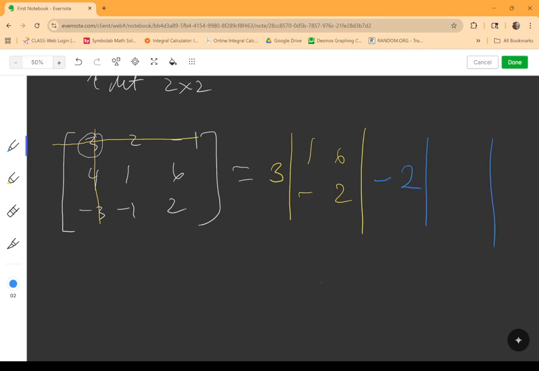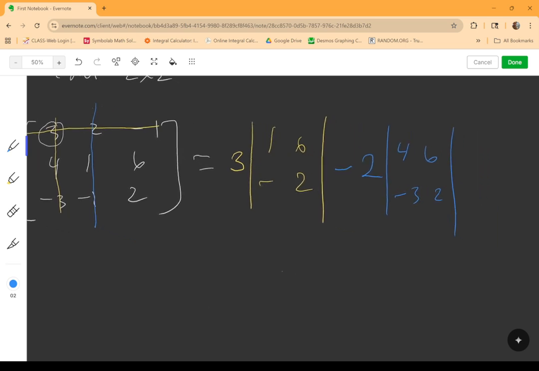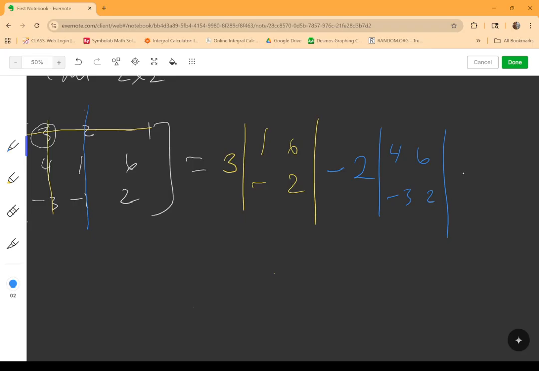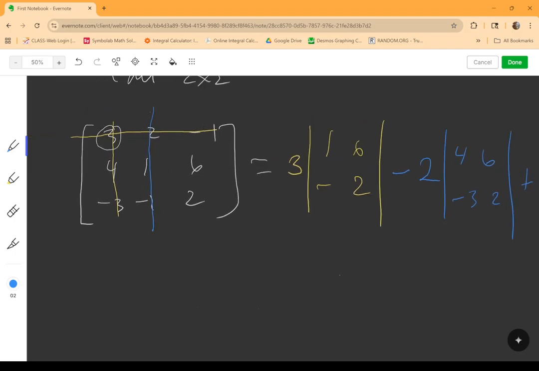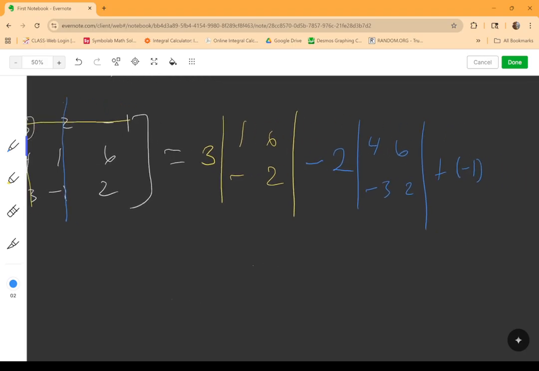The submatrix I get by still blocking out the first row, which this whole time I'm using as my coefficients, but now blocking out the second column, is the matrix 4, 6, -3, 2. Now I'm back to being plus, but the third element in the first row is -1, so we have our -1 here.